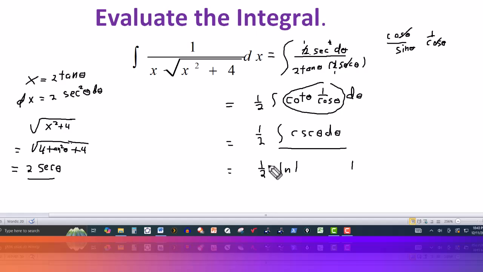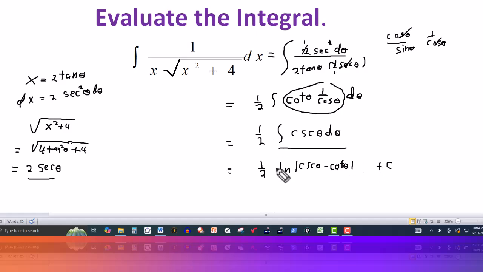And if you simplify that, bring the negative over here and use properties of log, this becomes the natural log of cosecant of theta minus cotangent of theta, and then it's plus the constant of integration.